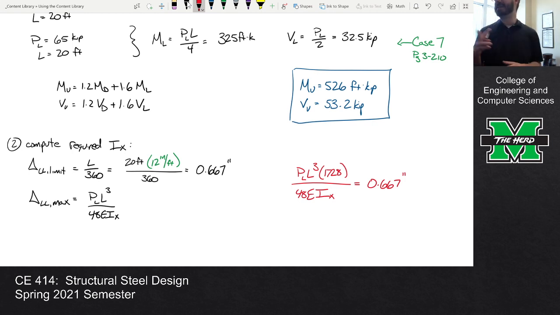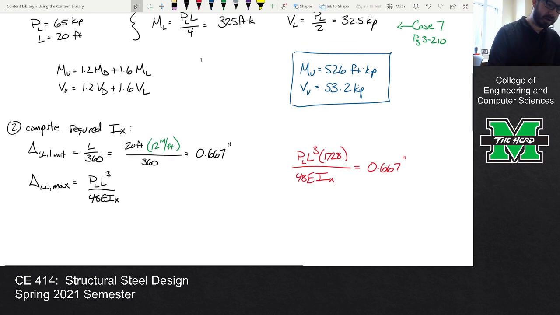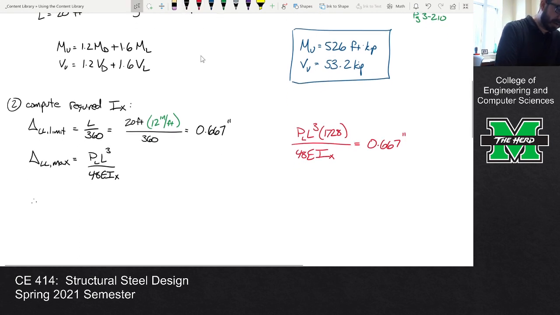The easiest way to do that is multiply both sides by Ix, divide both sides by 0.667. And so I'm getting that Ix required is going to be PL cubed over 48E times my limit.